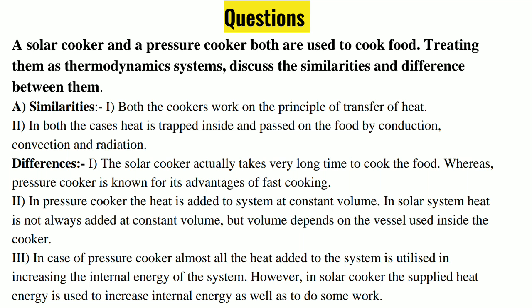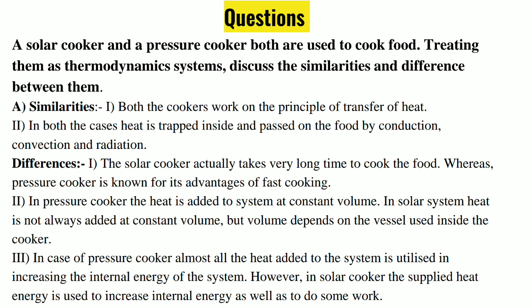In a pressure cooker, the heat is added to the system at constant volume. But in a solar cooker, heat is not always added at constant volume; the volume depends on the vessel used inside the cooker.